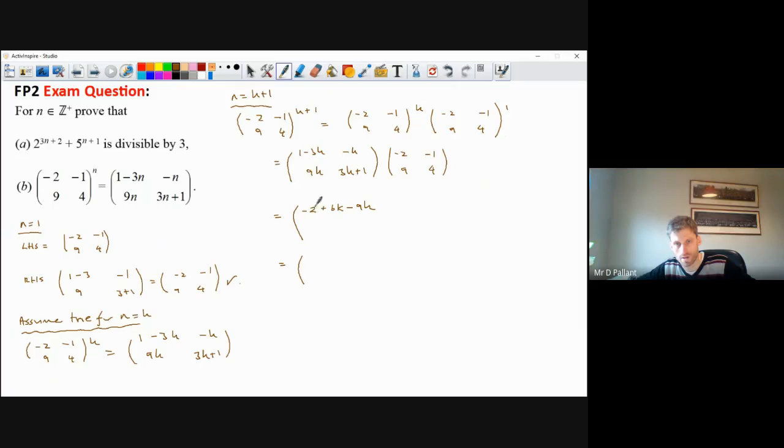So I've got -2 minus 3k, okay. And then I've got over here, I've got -1 plus 3k minus 4k. Okay, so if I simplify that, ready for the next step, that'd be -1 minus k. And then I've got minus 18k, and then that would be plus 27k plus 9, which is 9k plus 9.